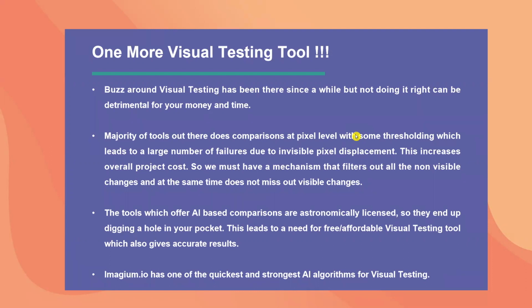It is important to mention that there are also quite a few tools out there in the market, not to name anybody, which offer AI-based comparisons. But these tools are so astronomically licensed that they end up digging a hole in your pocket. So this leads to a need for a free or affordable visual testing tool which also gives accurate results.